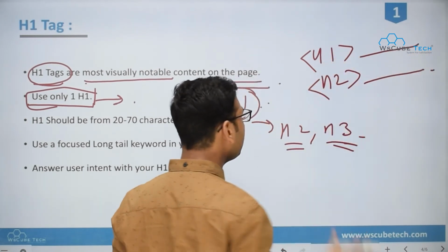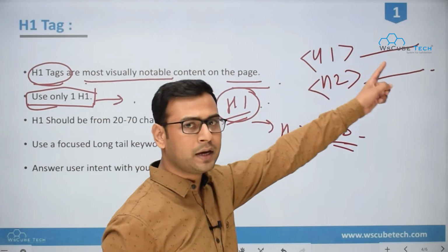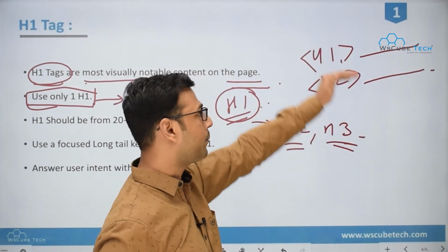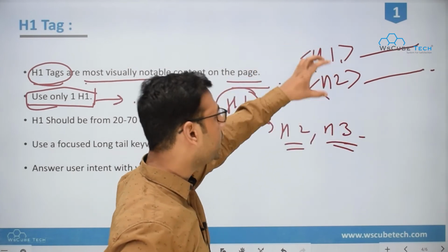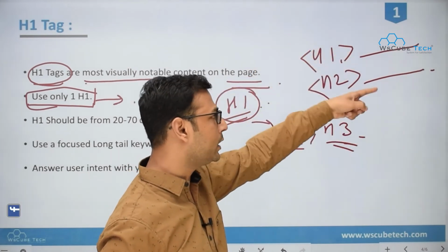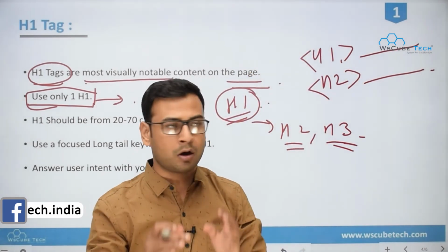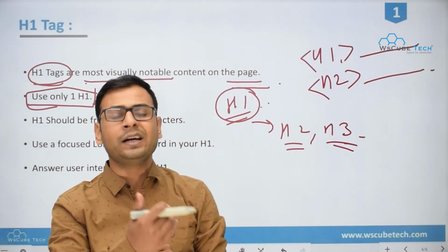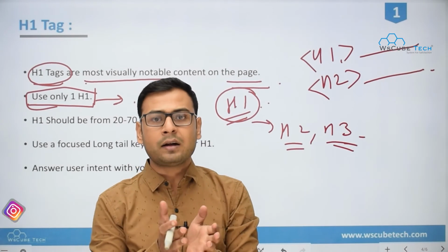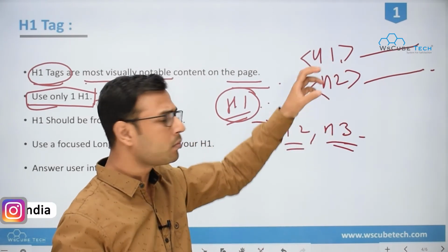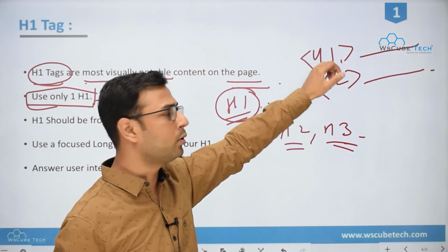The crawler gets to know very easily that, okay, this is the primary heading, the H1, the most important part. But still, the weightage of the content you have put here, the weightage of the structure that you are trying to explain to the crawler, basically dilutes, or we can say it gets distributed between these two things.